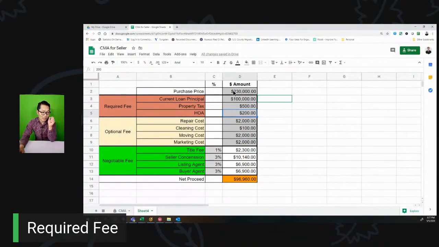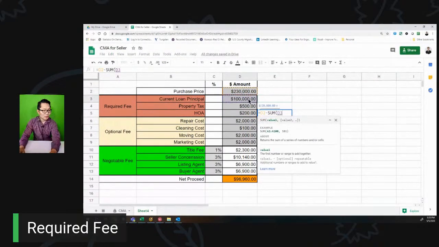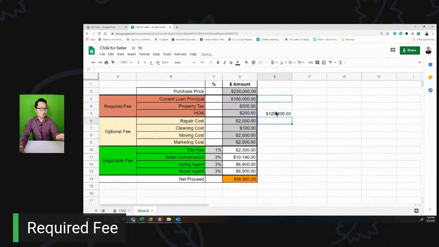So for example, right here, as you see, 230 after all of the required fees, you have the remaining of, let me do it real quick right here, $129,300 for this particular example. I'm going to go over another example of another property, but for this one you have the remaining $129,300 already.